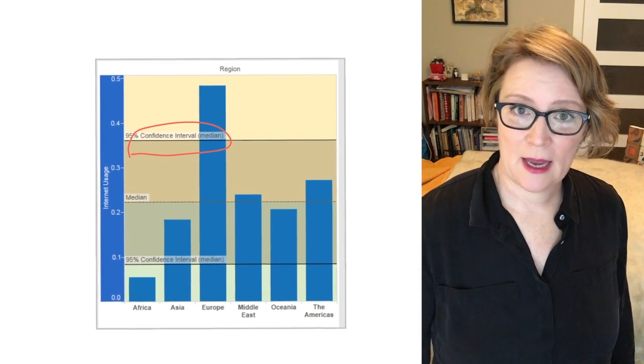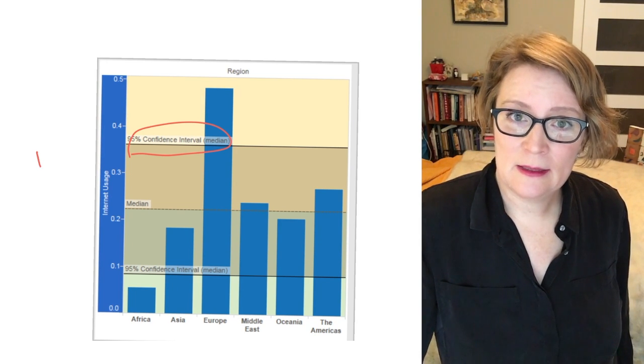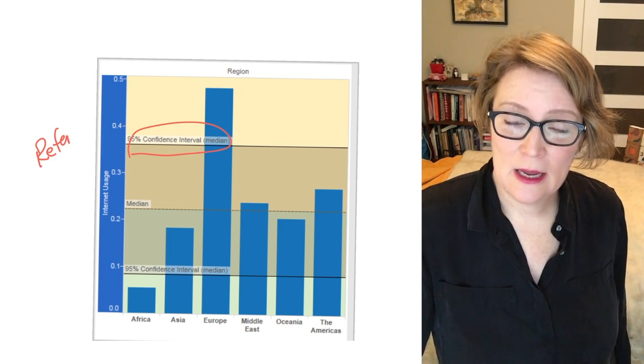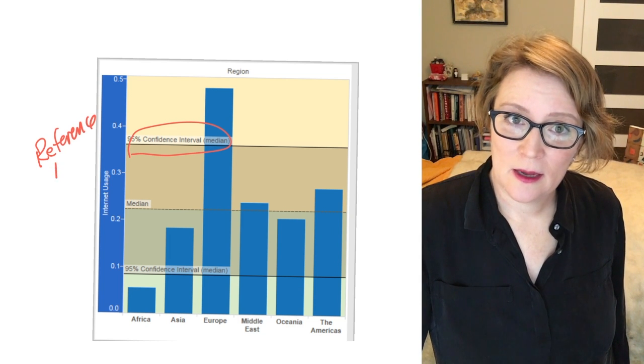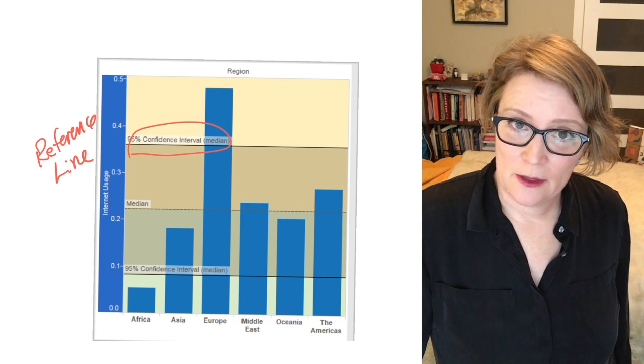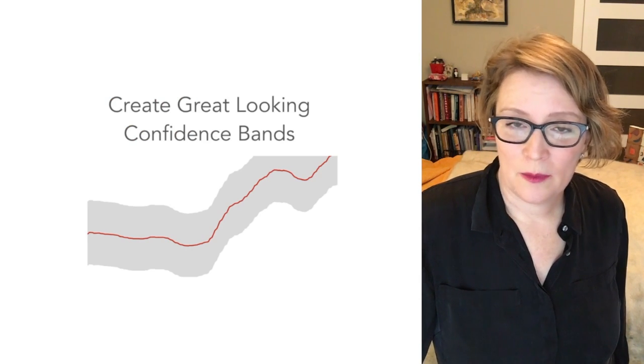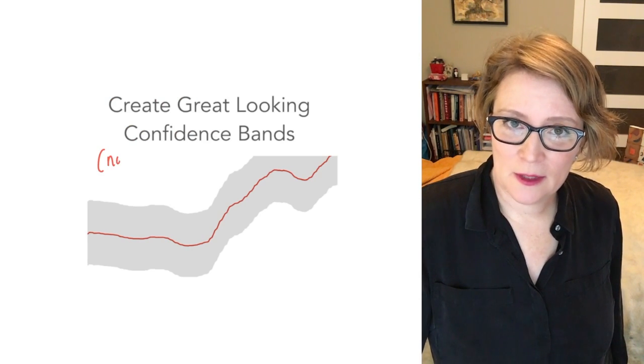If you're using a bar chart, for example, you can use a reference line and have that reference line illustrate the 90% confidence interval. That's built right into Tableau. If you're using a continuous variable, it's not built in.